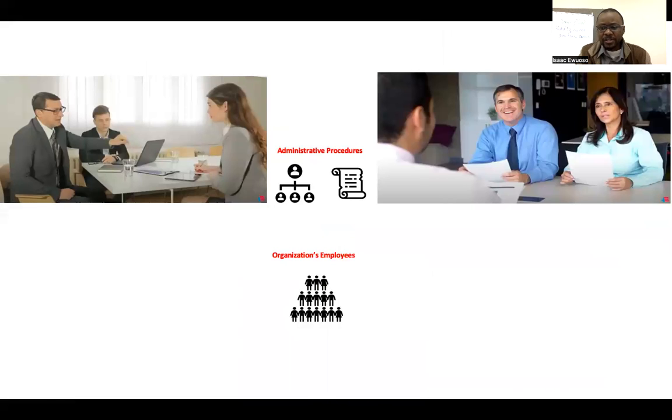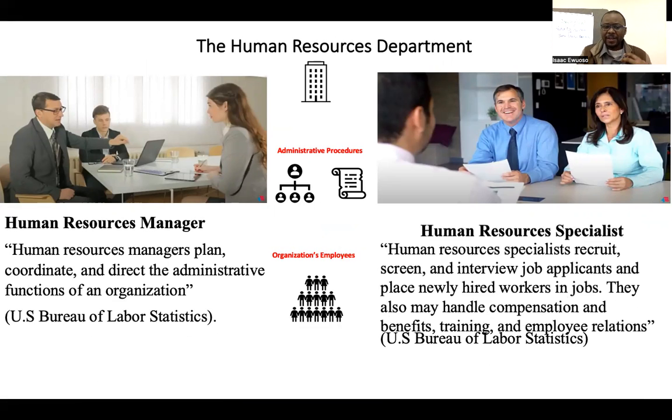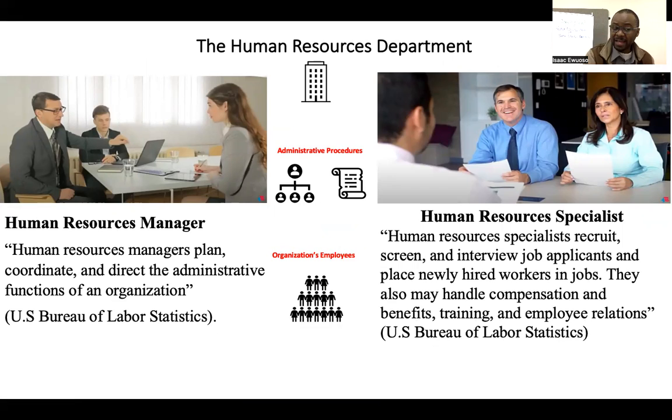In summary, there's a clear difference between human resources manager and human resources specialist. A human resources manager plans, coordinates and directs administrative functions of an organization, while a human resources specialist recruits, screens, and interviews job applicants and places newly hired workers in jobs.